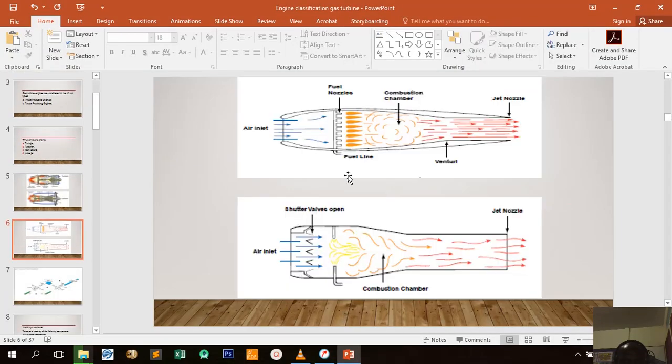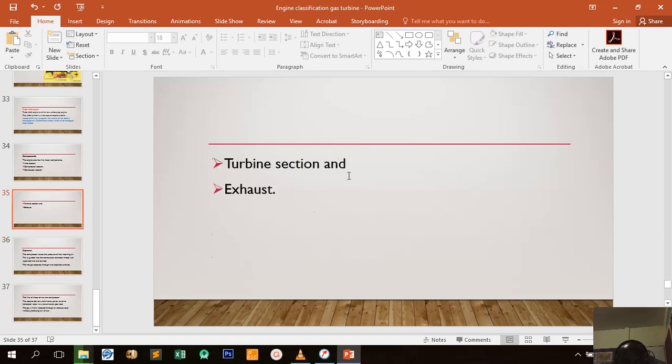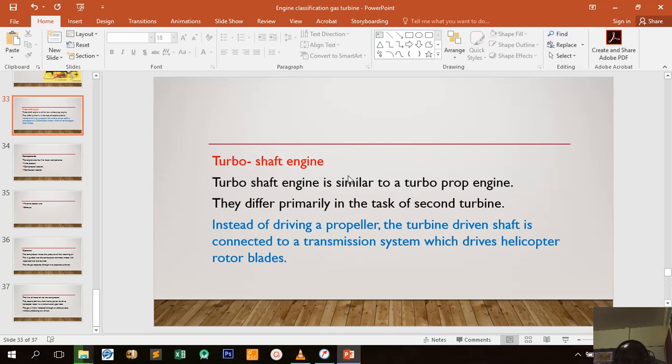So that's the end of our presentation. We have looked at the different types of gas turbine engines, and let's do a recap. With the turboshaft, the second turbine is used to drive helicopter rotor blades via a transmission system.